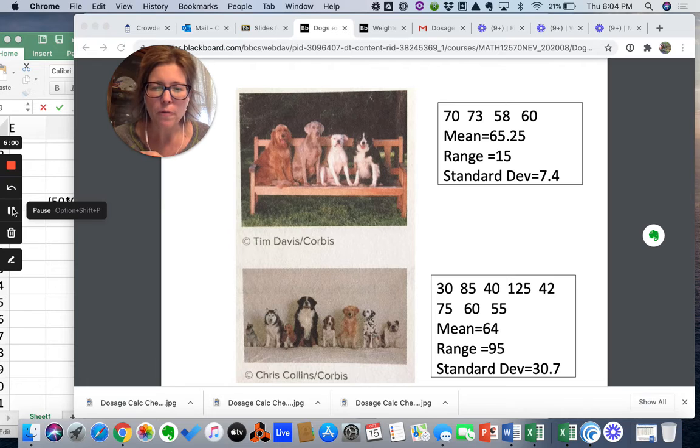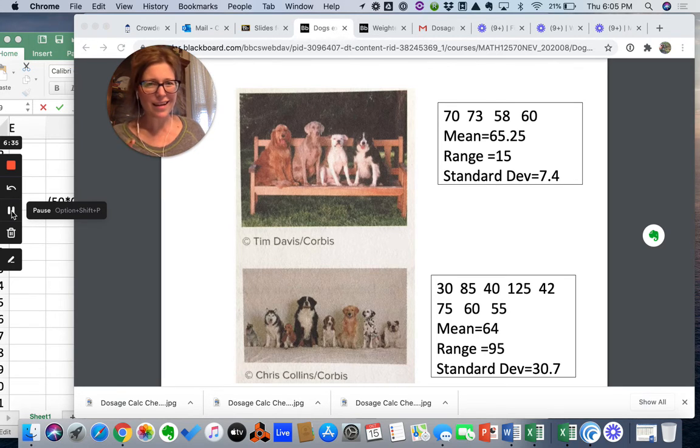What I want from you is an understanding of what standard deviation is telling you: a bigger standard deviation means that the data is more spread out. A smaller standard deviation means that your data is more consistent. It's all pretty close together. And I'd also like you to be able to find standard deviation using technology, in our case, using a spreadsheet. We'll do that in another video.